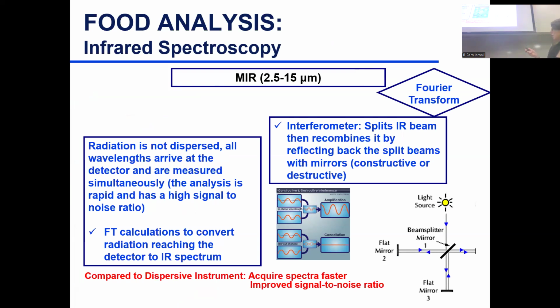In the unit, you have mirrors, and the directions of the mirror can amplify a specific wave number or wavelength and cancel interferences from wave numbers that you don't want, so that you can amplify a signal and reduce interference.